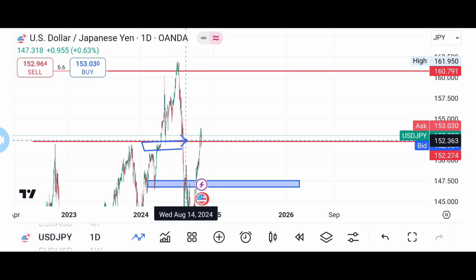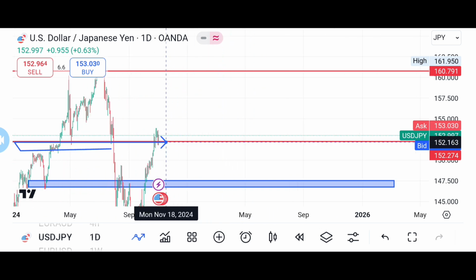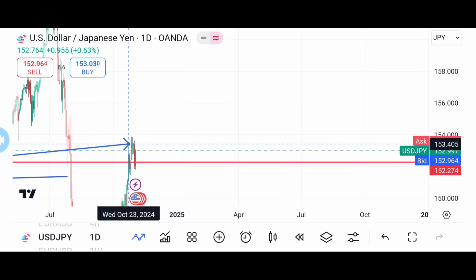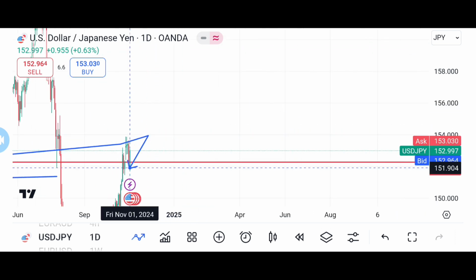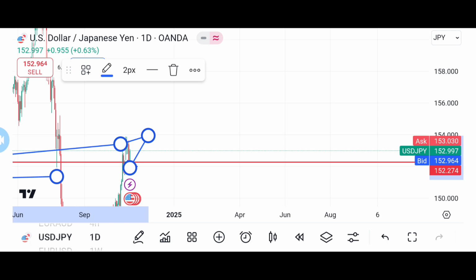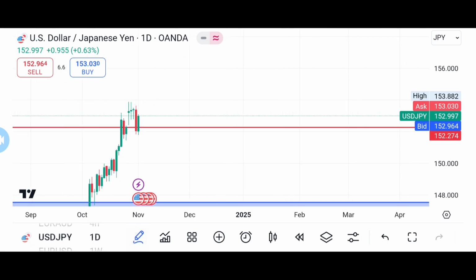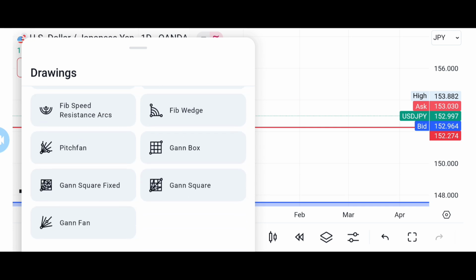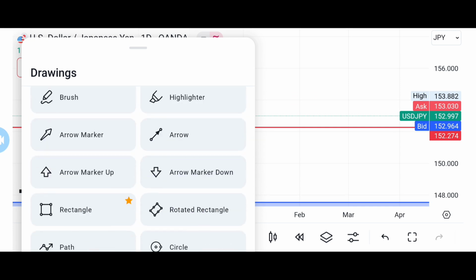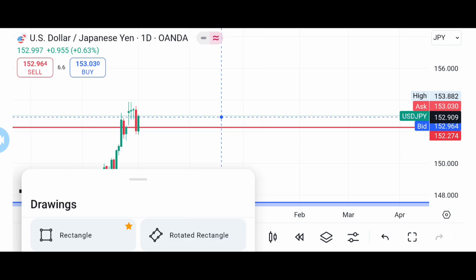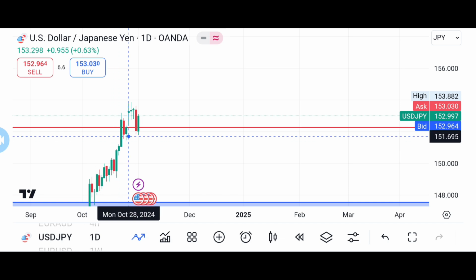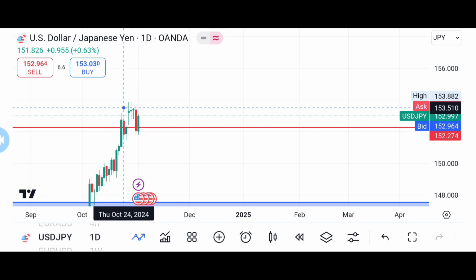So let's now continue with our current price action. The price action is now here. If I zoom in, the price action is that mixed reaction. In daily, I can say clearly the current price action is ranging.